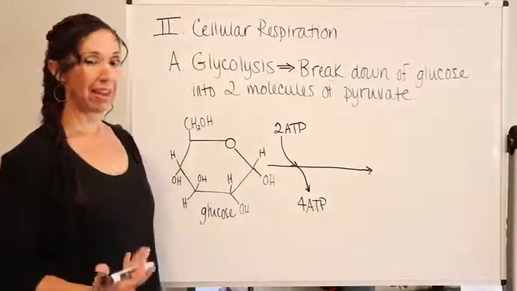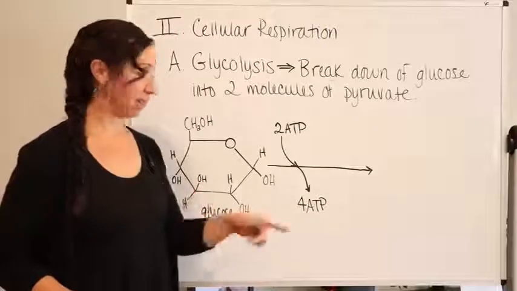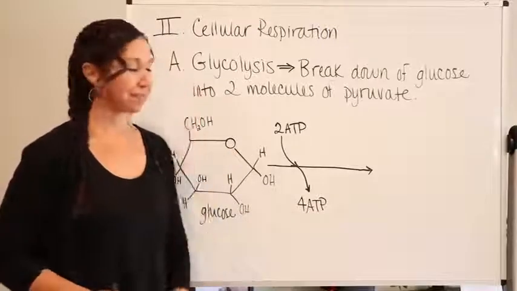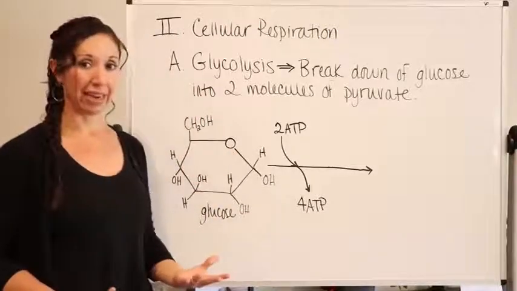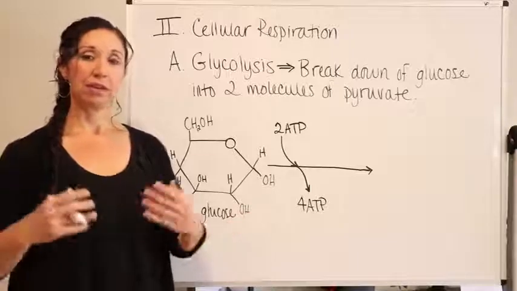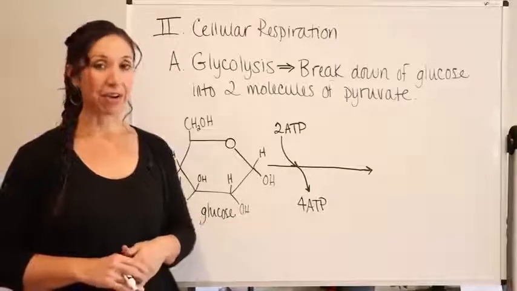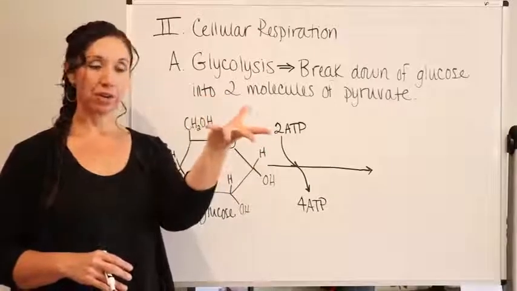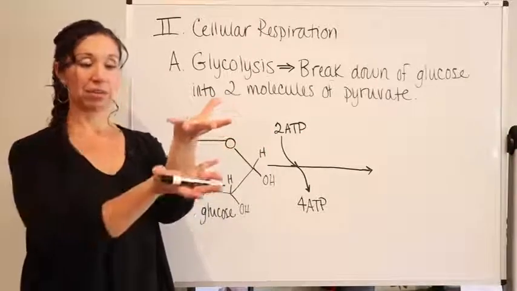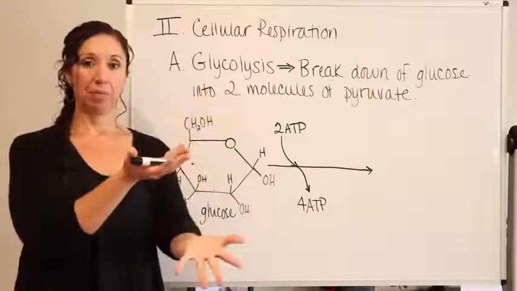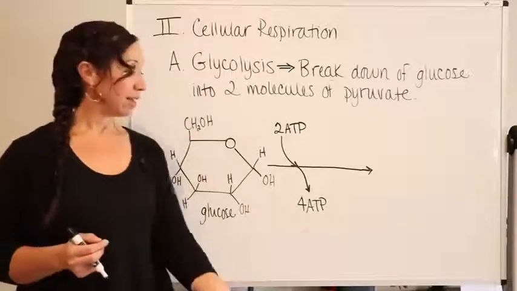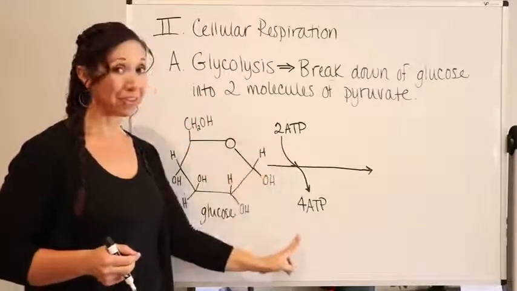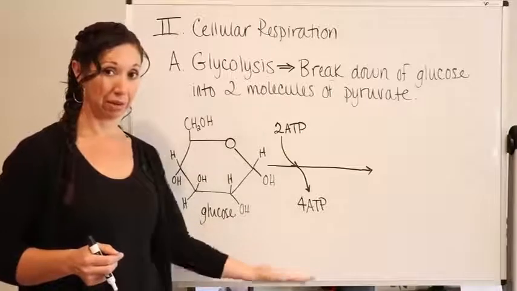So you have a net gain of 2 ATP because 4 minus 2 is 2. When we talk about a net gain, it's like if you've worked a job and had taxes taken out, you have your gross pay, which is all the money you've worked for, and then taxes get subtracted. So you have a net pay. This is what you get to take home. So the take-home energy for this one would be 2 ATP.